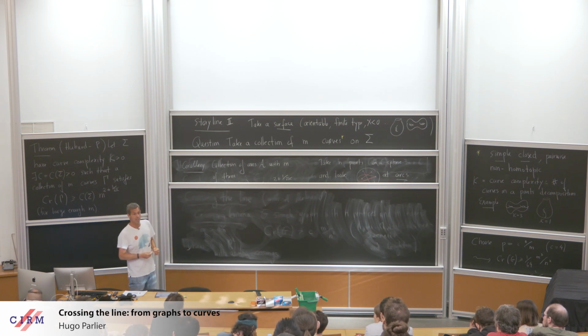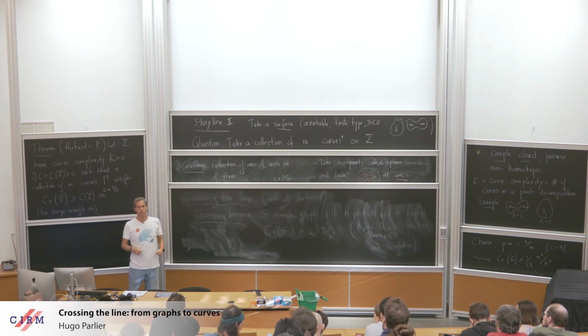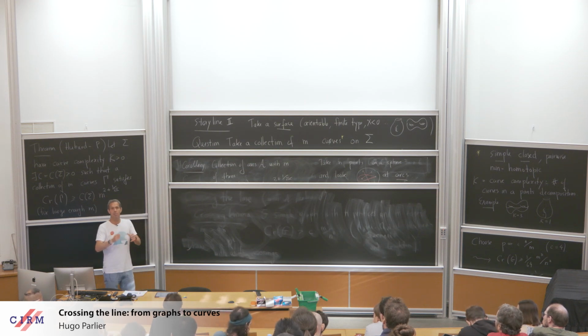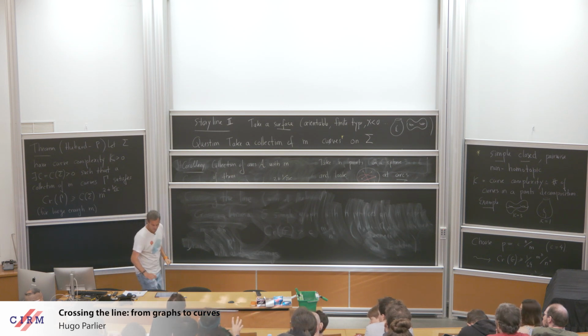The crossing lemma is more in the spirit of taking a bunch of triangles, gluing them together and letting them grow. Whereas here, we fix the topology and we let m go to infinity. So that's maybe one analogy.